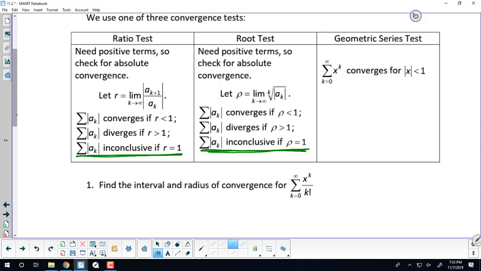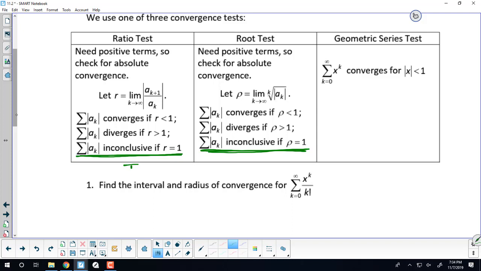So when we come up with this particular interval or radius of convergence, since the test is inconclusive at the endpoints themselves, we have to always test the endpoints. So this root test and this ratio test will give us the interval, but it's up to us to test the endpoints to see whether they're included in the interval of convergence or excluded from it.